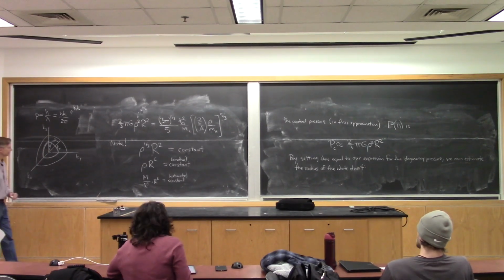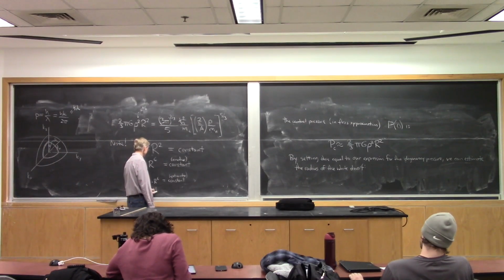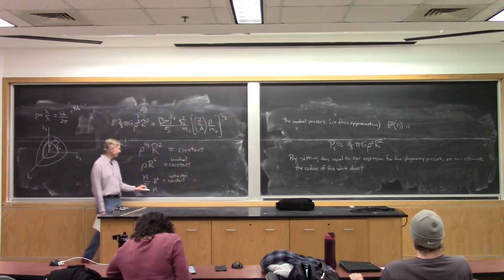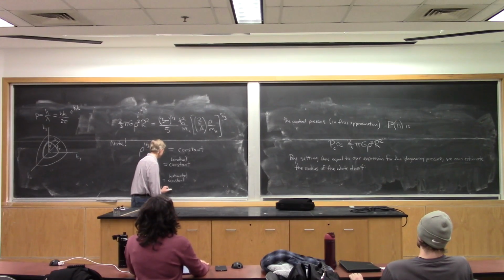Oh, but wait a minute. This says that the mass times the radius to what power is a constant? M R cubed equals a constant.